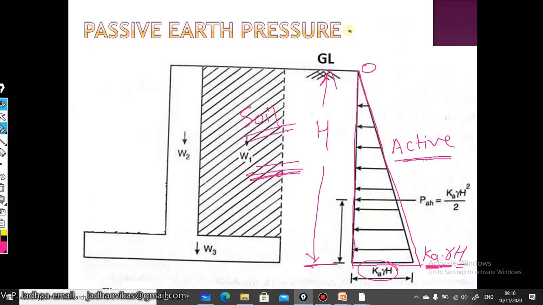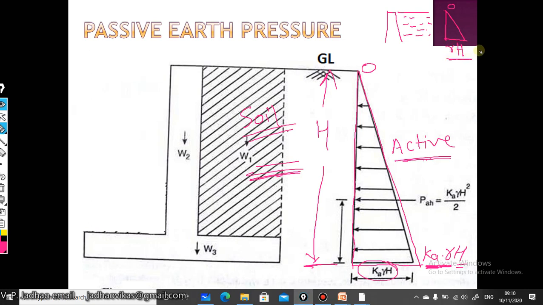Generally in fluid mechanics you may have seen some dam retaining some water. Then the pressure developed by this water on the dam is considered zero at the top, and at the base we consider this as gamma into h.